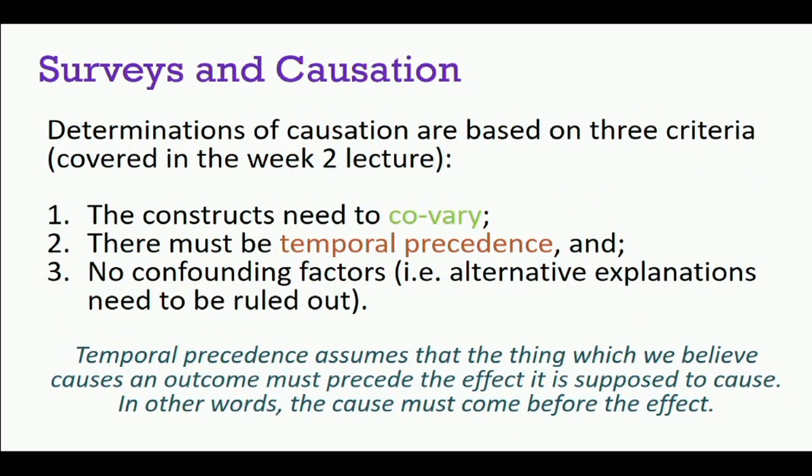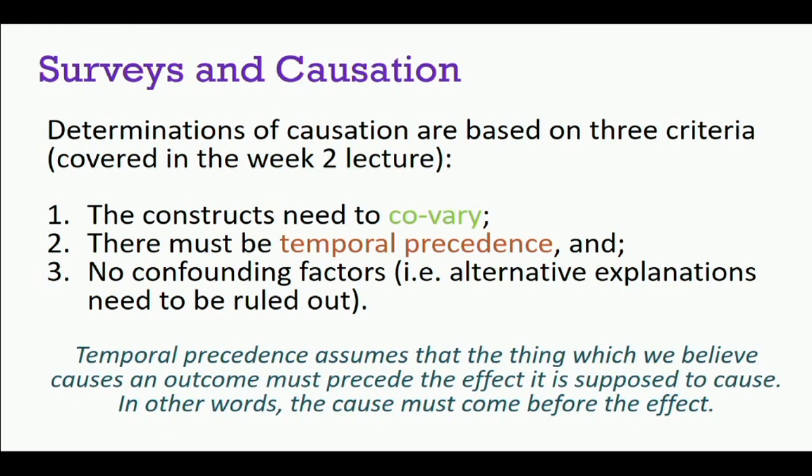So just a refresher, remember the determinants of causation are based on 3 criteria, which we covered in the week 2 lecture. The first is the constructs need to co-vary. So as one construct goes up, your predictor, so too does your dependent variable. Or perhaps as your construct goes up, your dependent variable goes down in the case of a negative association.